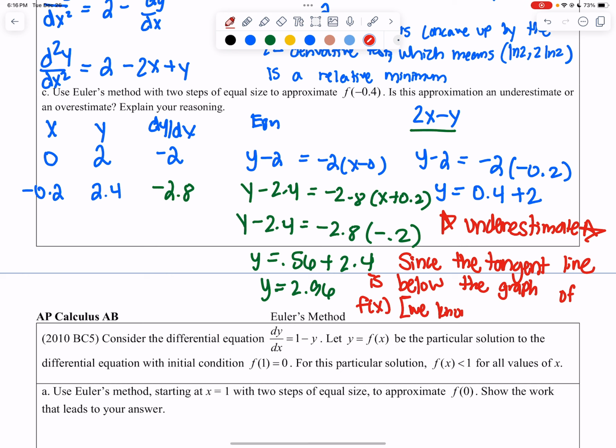We know this because f of x concaves up. So that's why we know that this is an underestimate.